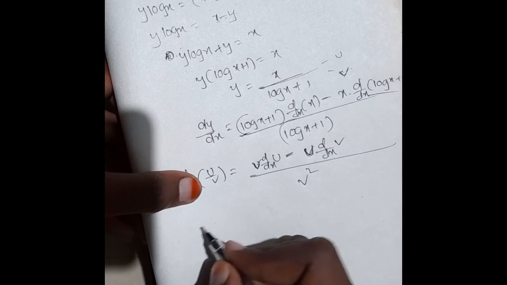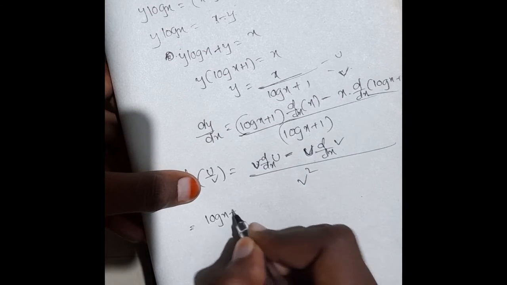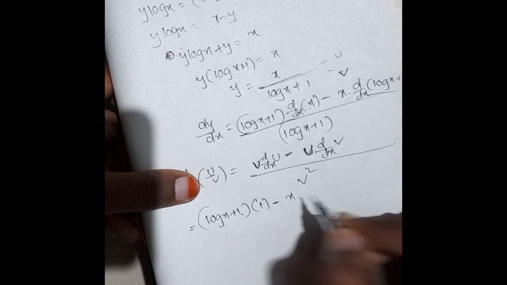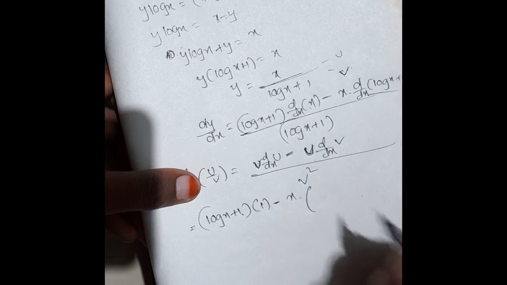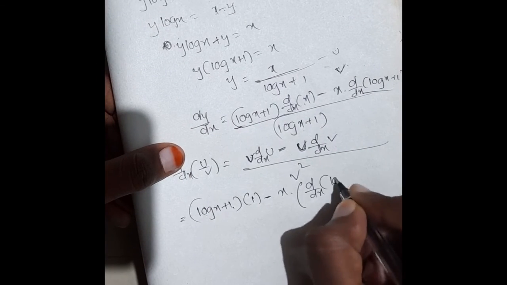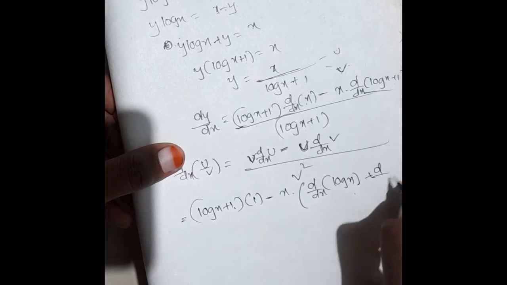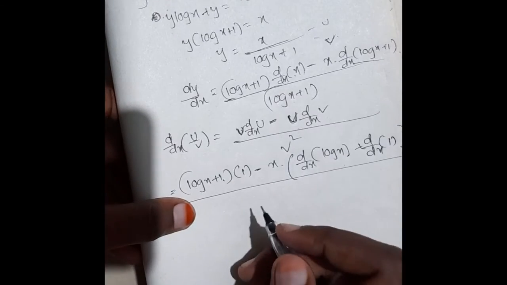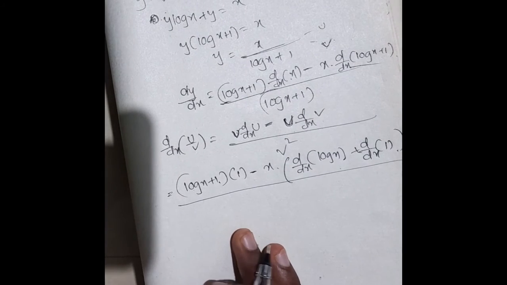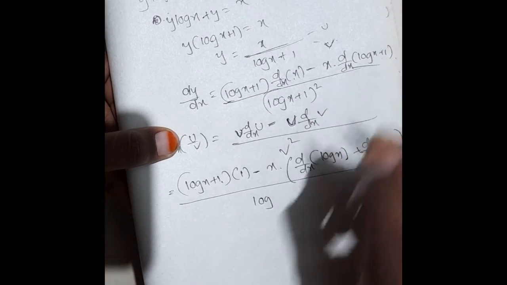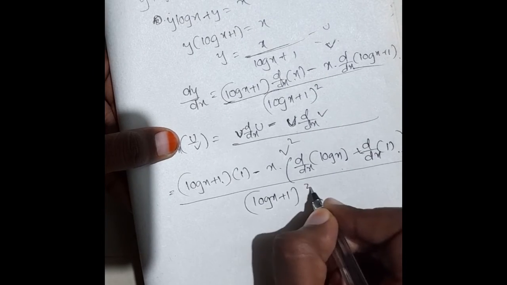So now (log x + 1). What is d by dx of x? 1. Minus x into, here we have to write it separately, d by dx of log x plus d by dx of 1. What is d by dx of 1? It is always 0 because d by dx of a constant is always 0. v square: (log x + 1) whole square.